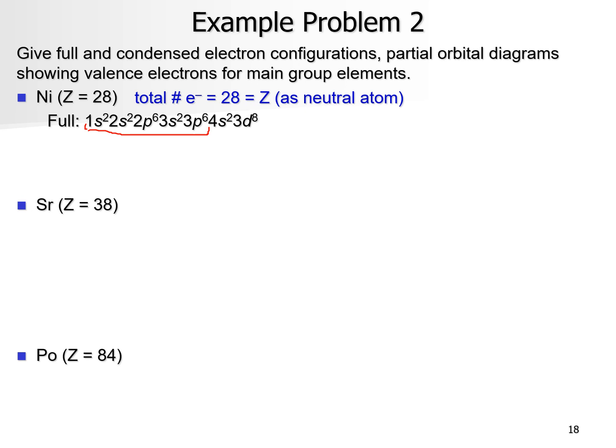And the element with the electron configuration ending in 3p6 is, of course, argon. So the condensed electron configuration would be argon core 4s2 3d8.